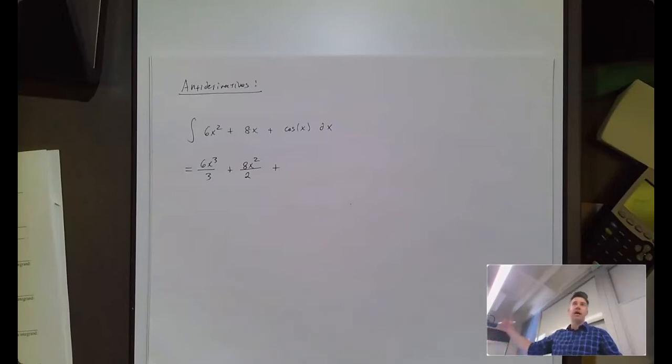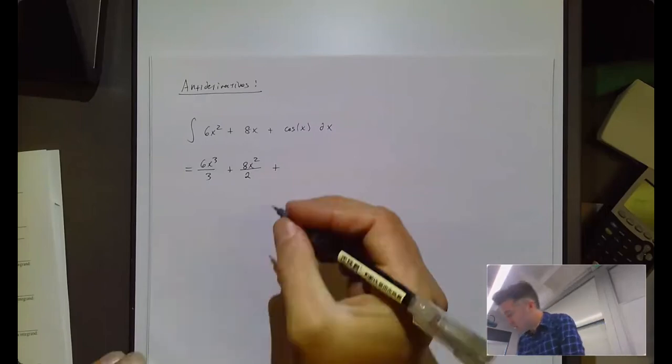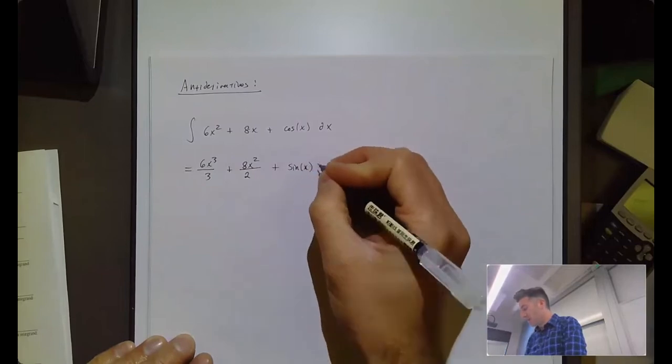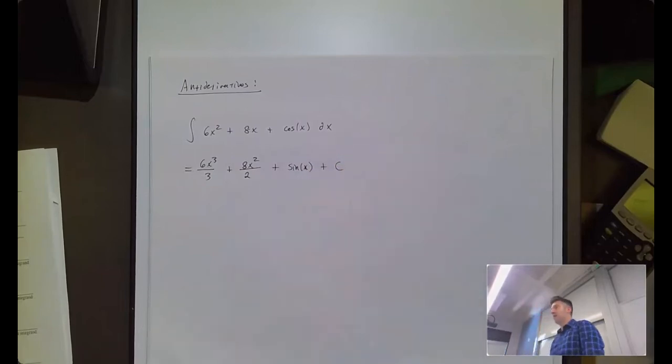And the other 3, sine, secant, and tangent, have positive derivatives. So now I'm looking for the antiderivative of cosine. I want to find the function whose derivative is equal to cosine of x, which is sine of x. And then we tack on a constant because the derivative of a constant is just 0.